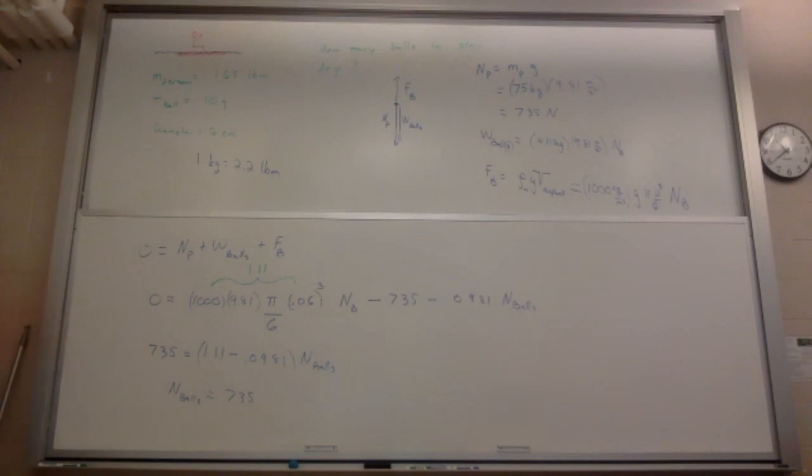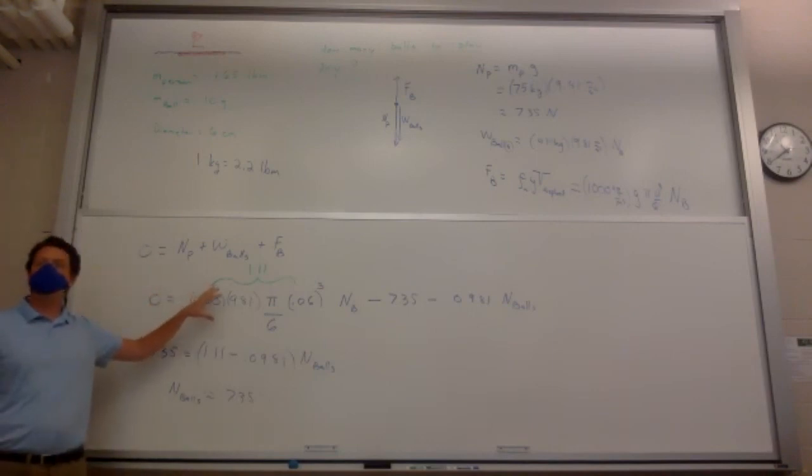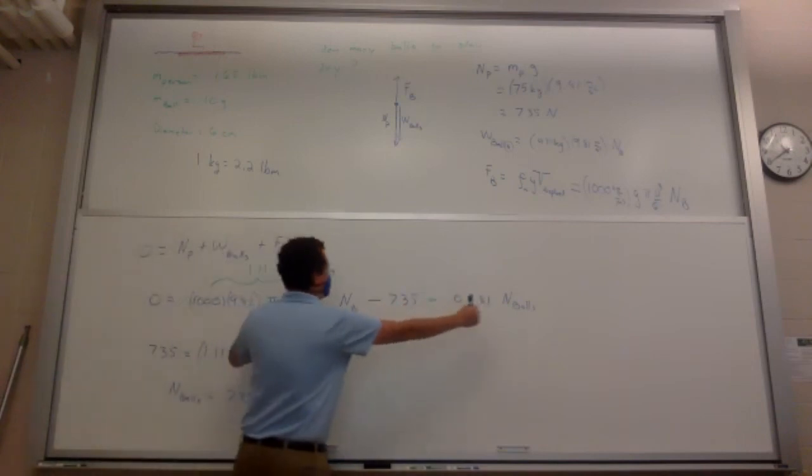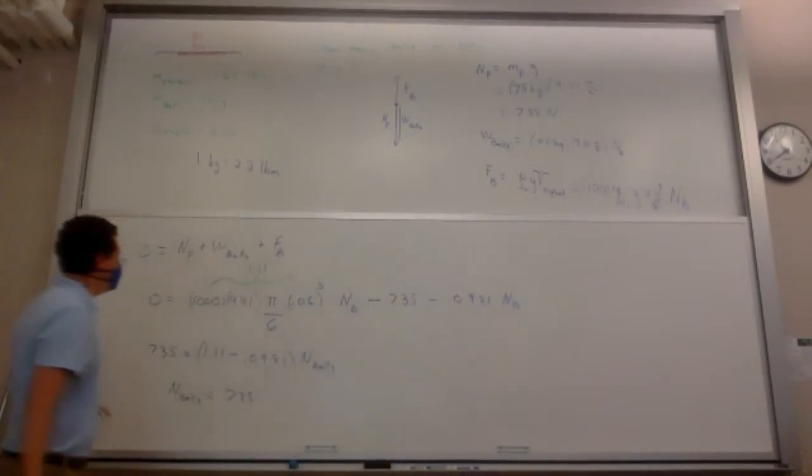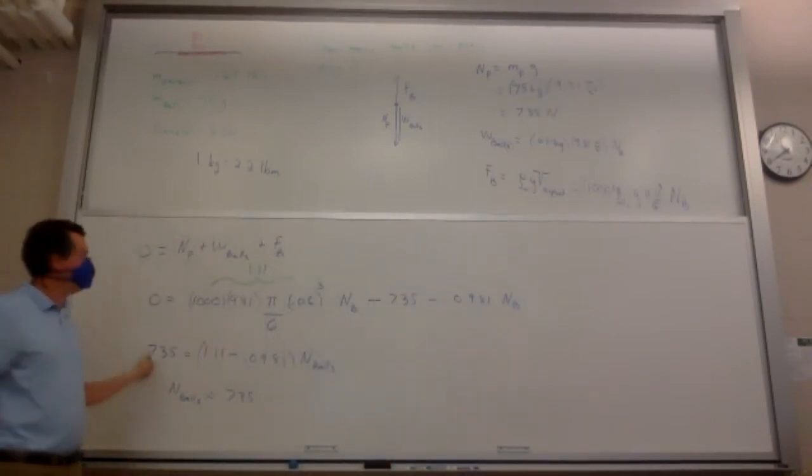Did you guys agree, I guess, is the first question, make sure I didn't mess it up. You get the same thing? Okay. So you see how I arrived at this result. I'm regrouping these terms because they both have the same variable, number of balls. It's going to end up being about 1 times number of balls has to equal 735.